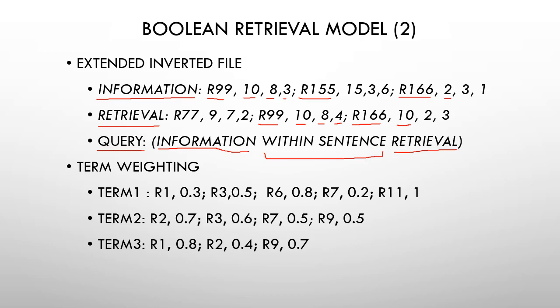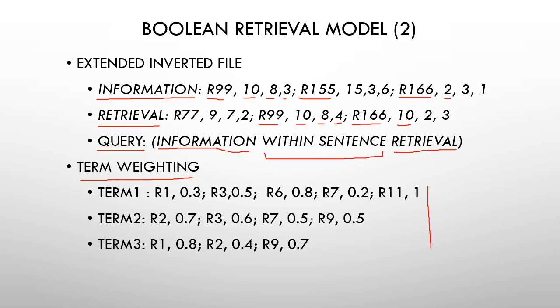Now, we could also have another kind of inverted file, where we add a weight to each term. In this case, let's consider that these are only based on the number of occurrences.